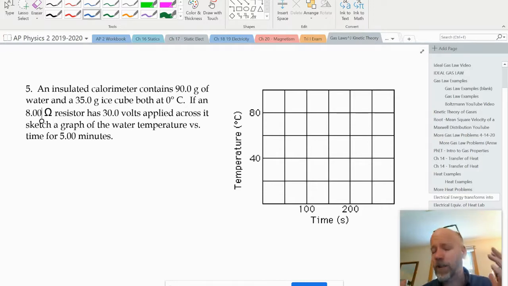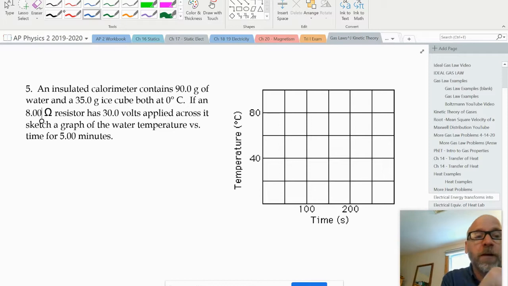Now, physically, what happens is the water molecules are going to hit the resistor and gain some energy, but then they're going to collide with the ice cube and give that energy up to the ice. If you don't believe me, go throw some ice in a cup and watch it.